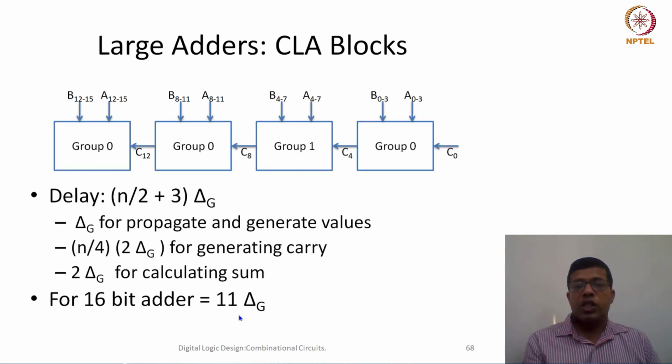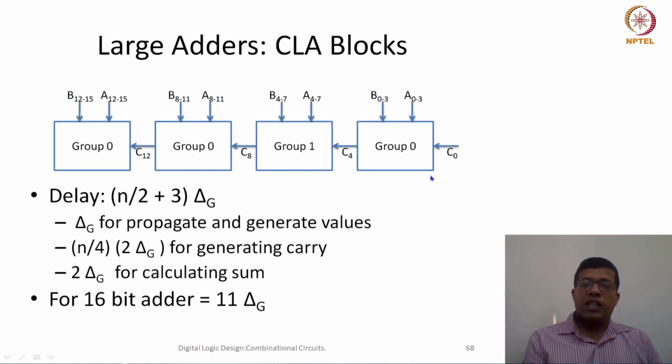If we are using multiple blocks, then you will have this as group 0. In group 0 you'll have A0 to A3 as input and B0 to B3 as input, and similarly the next would be a group of 4. So for a 16-bit CLA I would require 4 such units.